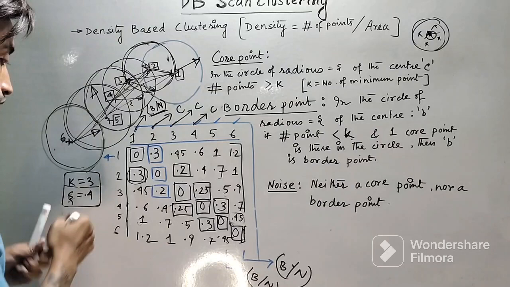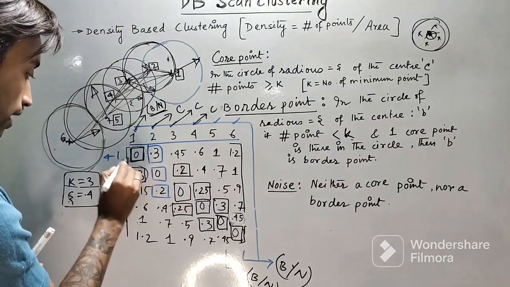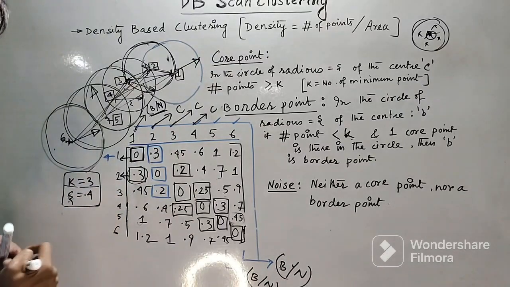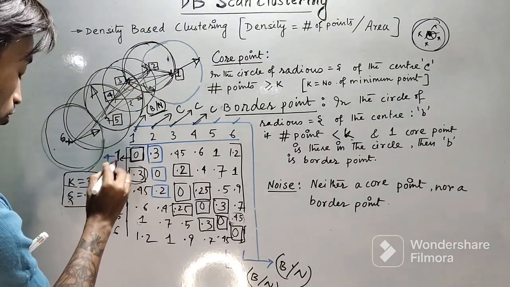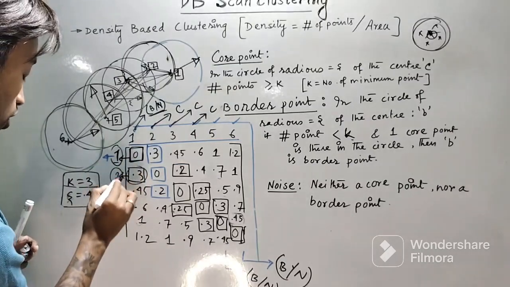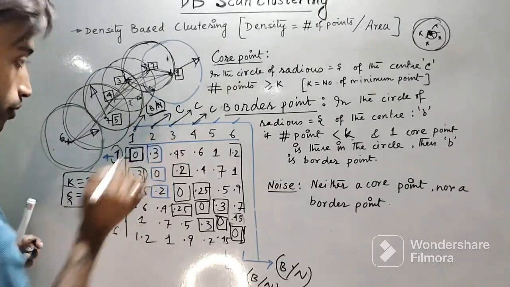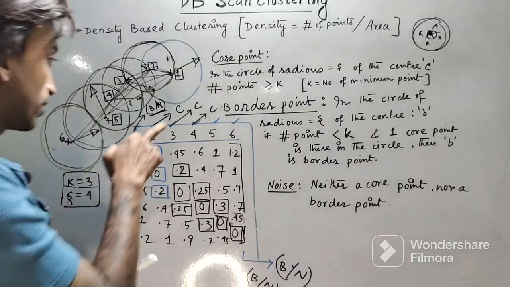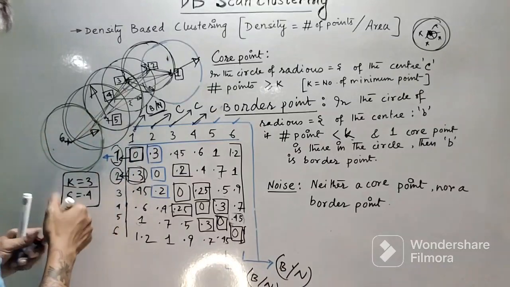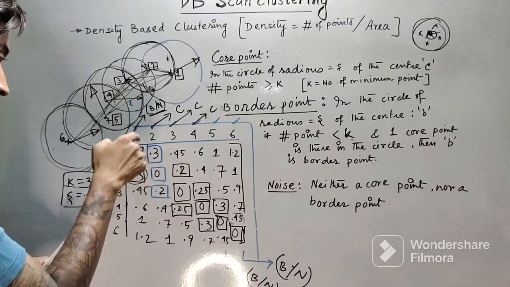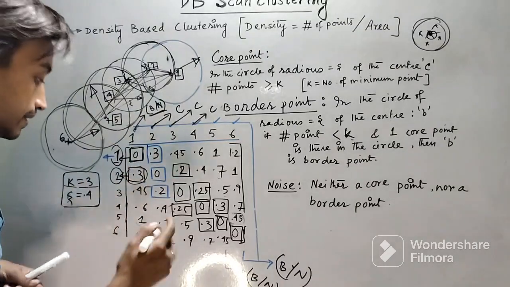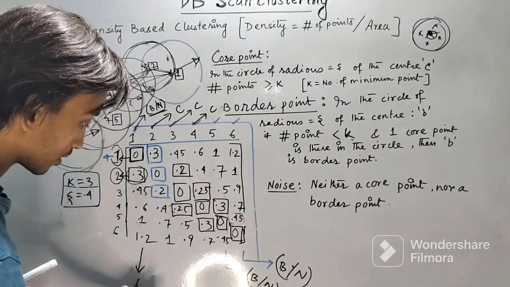Point 1 is connected to 1 and connected to 2, and we don't know whether 1 is a core point, border point or a noise. We already know that 2 is a core point. So if the number of points in the circle is less than k and it is also connected to a core point, then it is a border point.